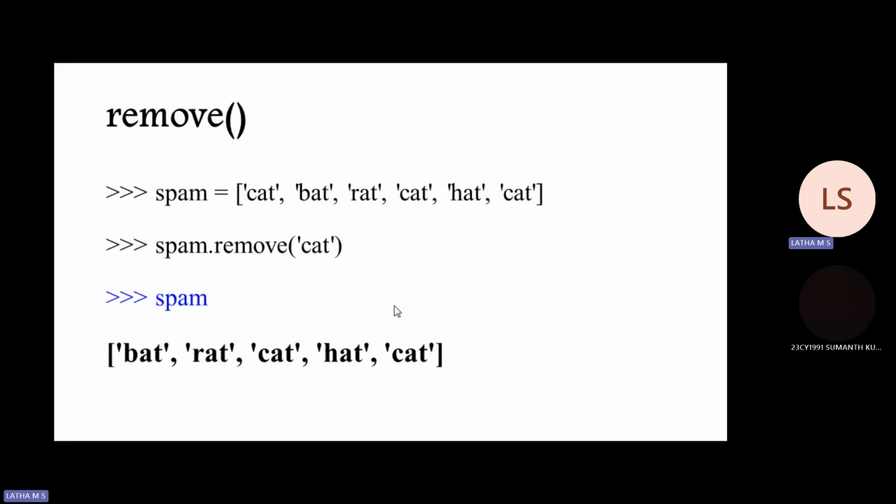So what is the index number of this? This is 0, 1, and here 2, then 3, 4, then 5. So what syntax are we using? Spam dot remove.